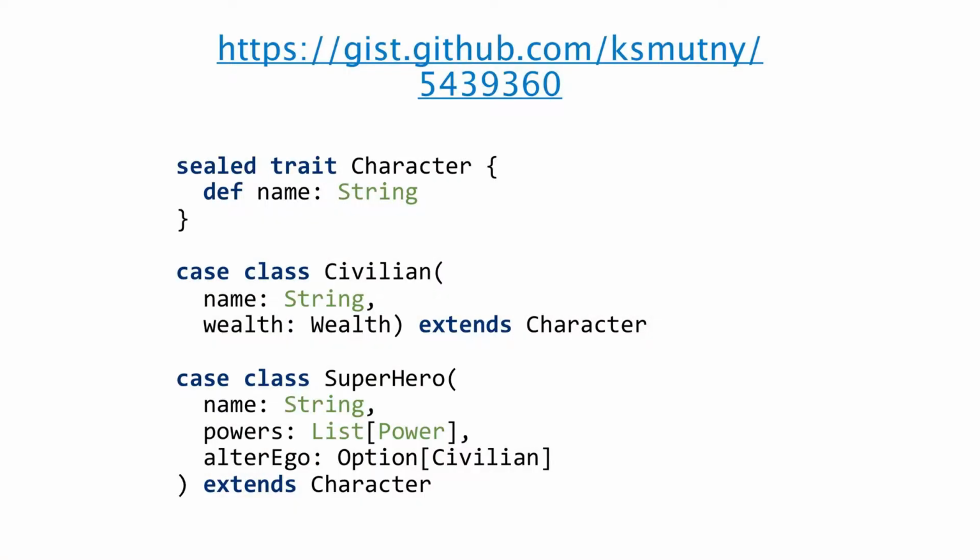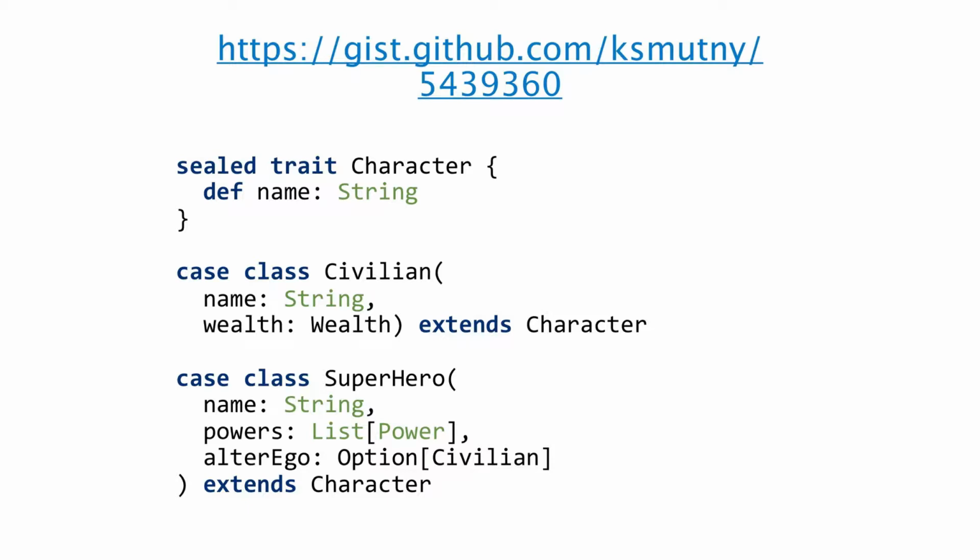So I will show you a more complicated example. Here is a model. It is the content of the gist here. So if you got interested by the topic of superheroes, there's a last opportunity to download the gist. And there is a piece of it.